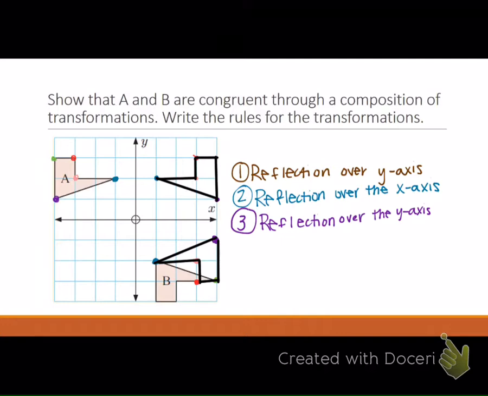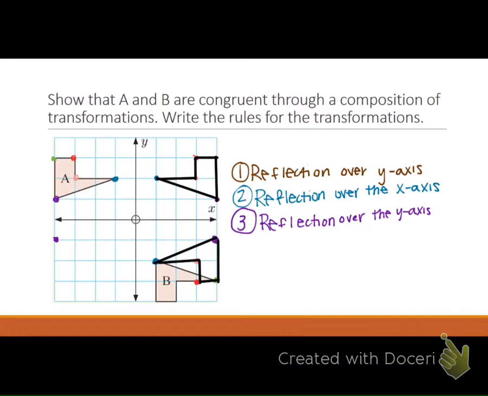Don't forget that you can reflect over like x equals 2 or y equals 3. Isaiah, seriously. Reflect over the y-axis. So remember, you can do like y equals 3 or x equals -2, right? You don't just have to use the axis. It's fine that you're doing that, but just don't forget that. So when I reflect that, the points end up as so.